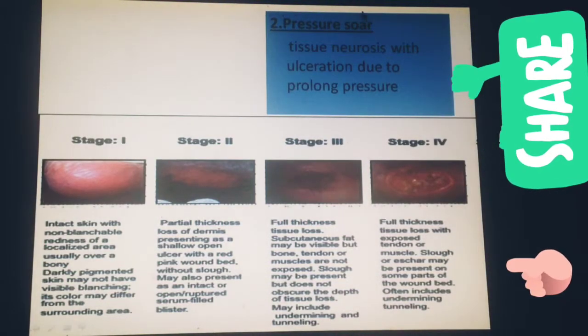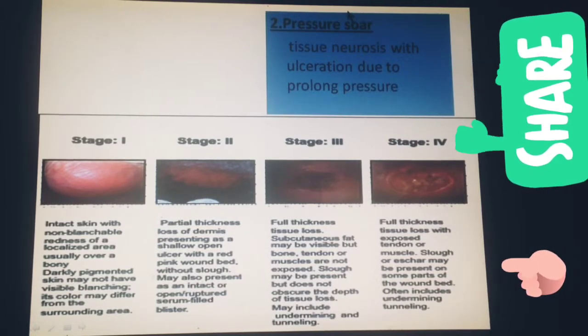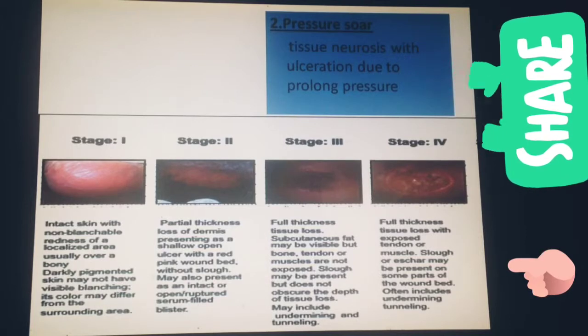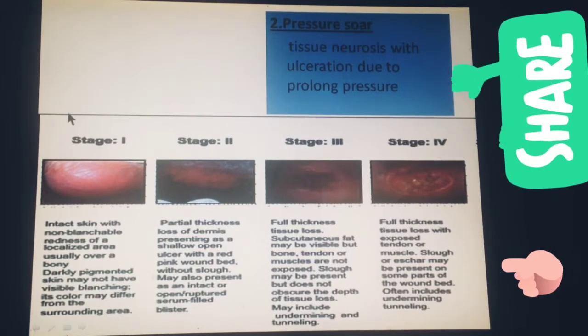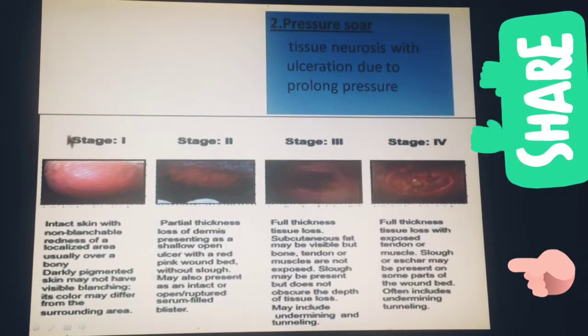Our second example of chronic wound healing is pressure sore. This is formed by tissue necrosis with ulceration due to prolonged pressure. Pressure sores are formed by undergoing four stages. In the first stage, the skin is intact with non-blanching redness over a localized area, usually over bony prominences.